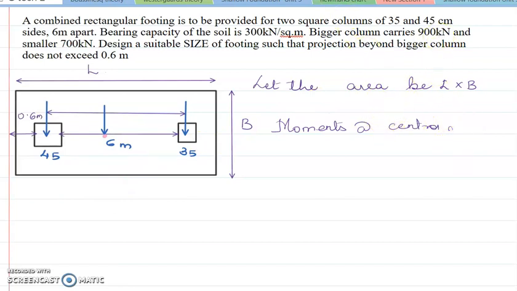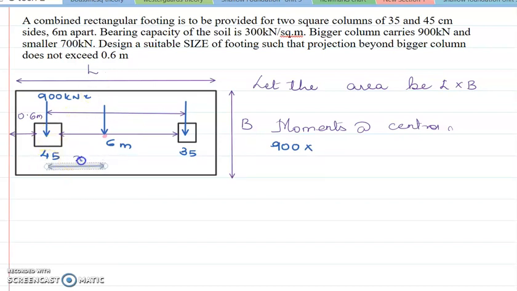So what do I get? I get 900 into, so where is my 900? This is my 900 kilonewton. Into this I will mark the distance between this 900 and this pink point.